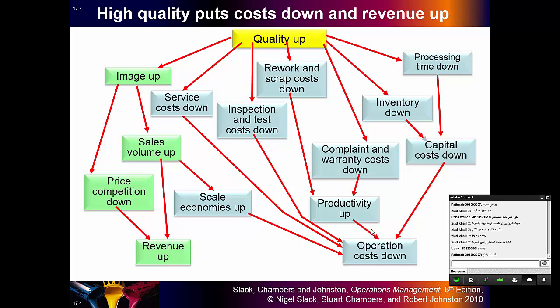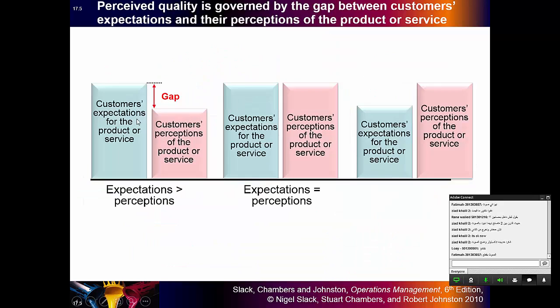The first issue in this graph is from the operation point of view: quality means customers' expectations for the product or service. In this graph we have two issues related to quality.